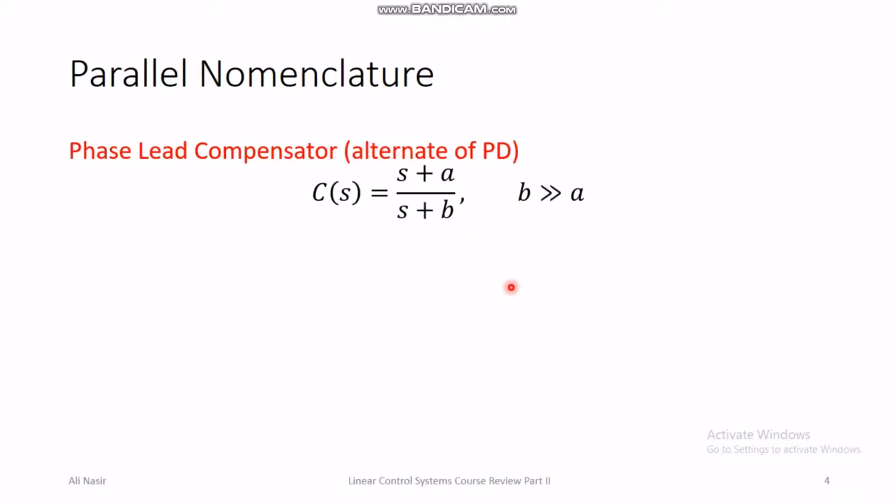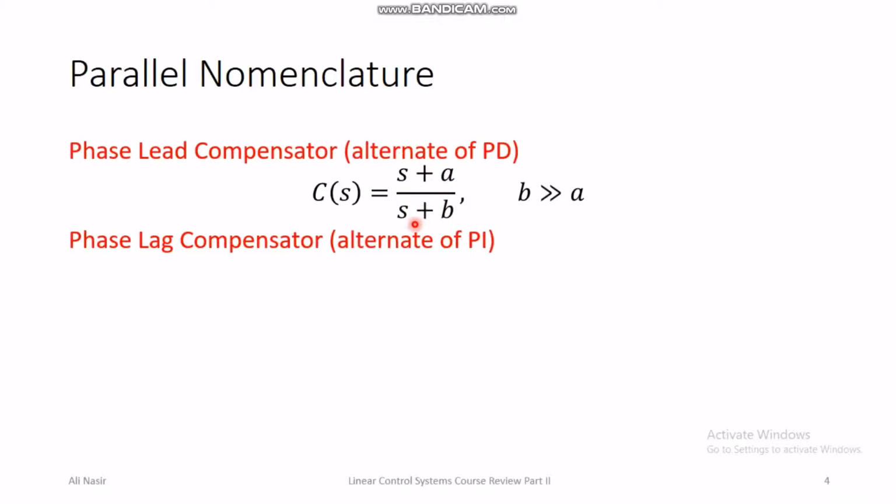The pole is farther away on the left half plane compared to the zero, and hence this controller has an effect equivalent to a PD controller, but this controller is not non-causal. A PD controller is a non-causal controller because the degree of the numerator in a PD controller is 1 and the degree of the denominator is 0, which is less than 1. This is not strictly causal, but at least it is causal.